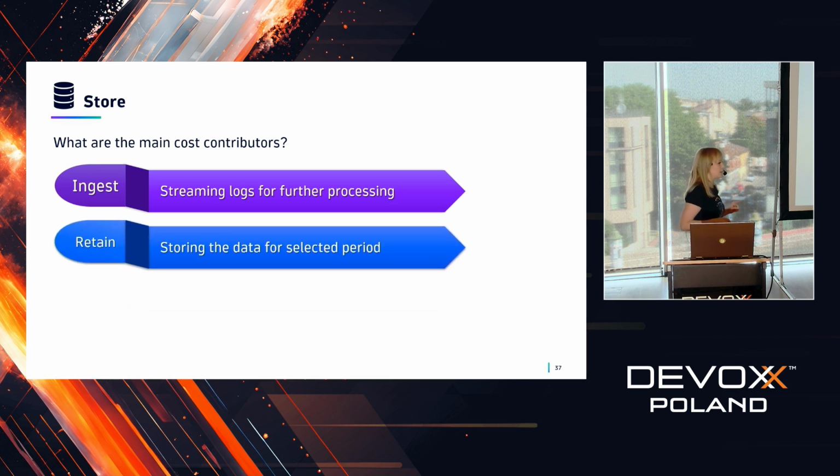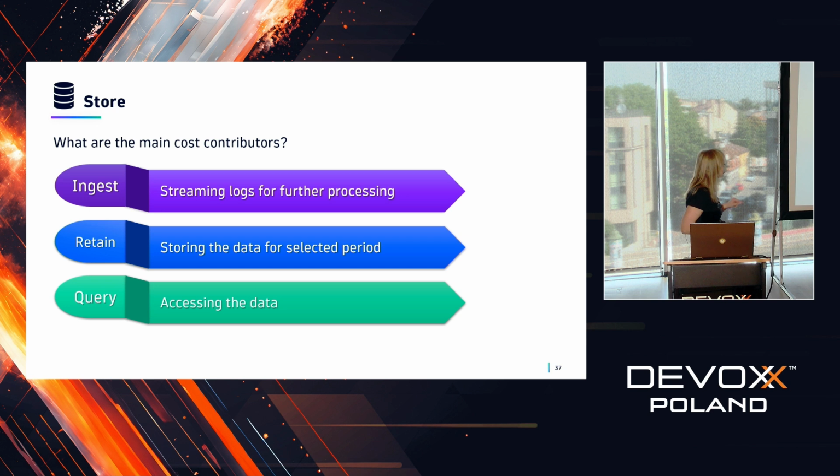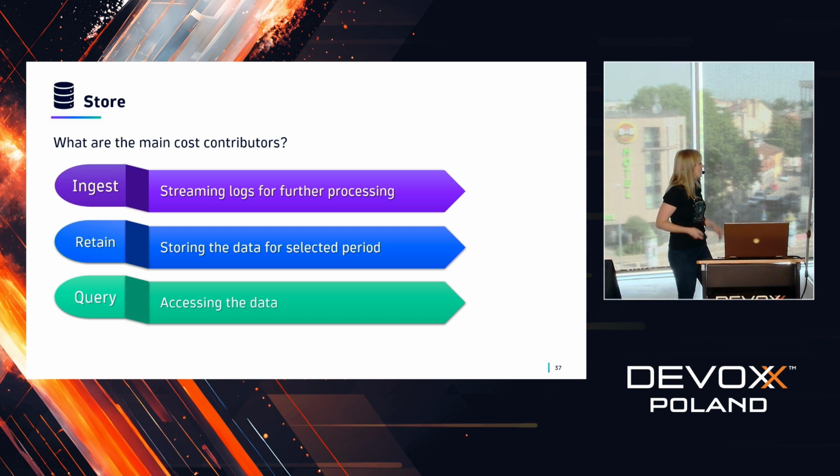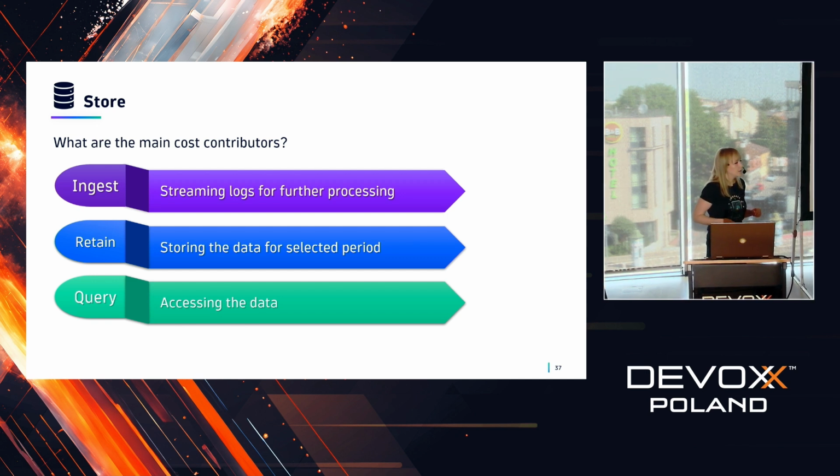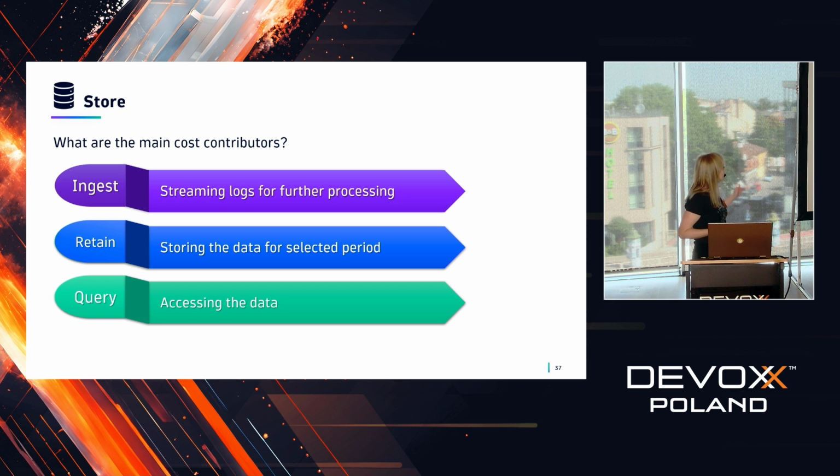The second one is retention. So how long we will actually store the data, because it can be just 1 month, but it can be even 10 years. And the last one is query, so actually accessing the data. Some tools don't charge you for query, but in most cases it means that they will charge you more for ingest and retention.